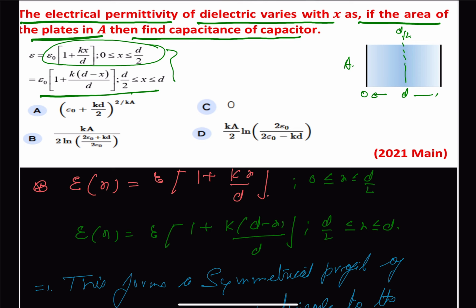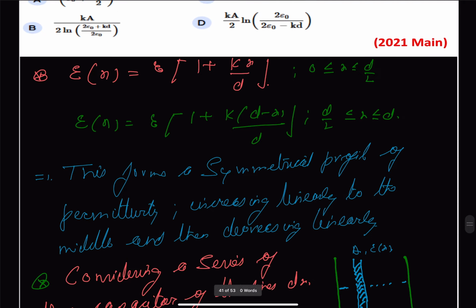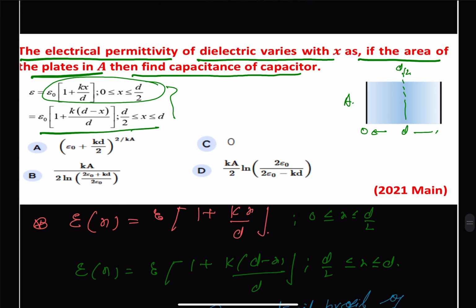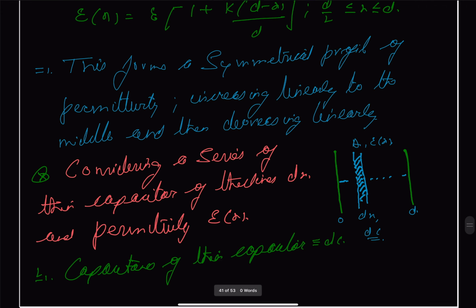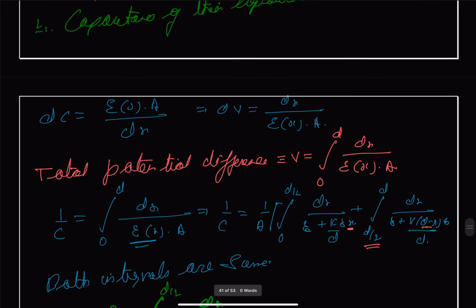I think epsilon naught is missing. Something is wrong. Let me check. 1 plus kx. Okay, this is correct.